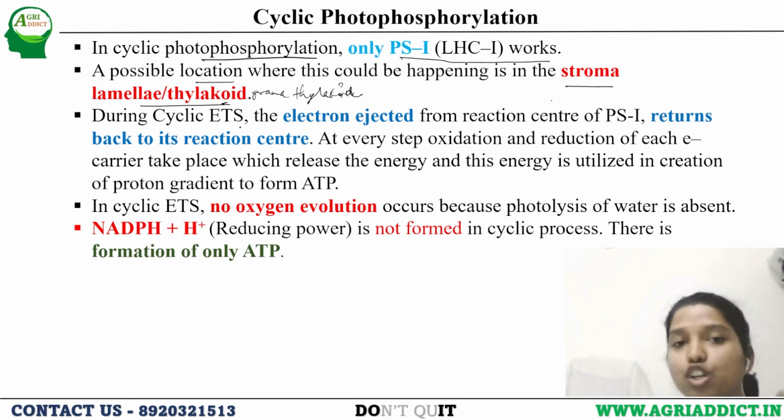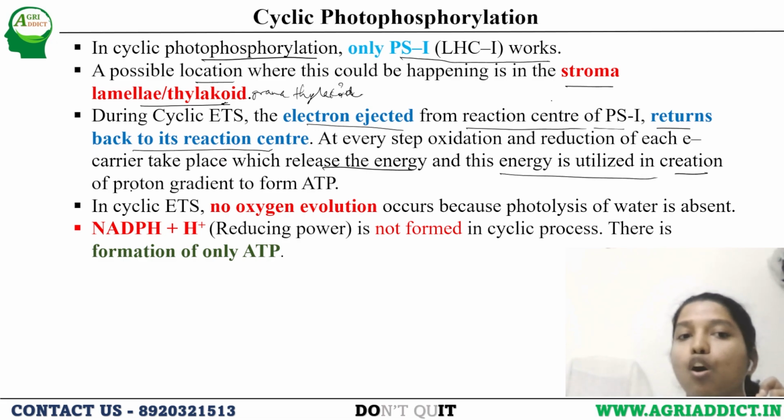During the cyclic electron transport system, the electron ejected from the reaction center of PS1 returns back to its reaction center. At every step, oxidation and reduction of each electron carrier takes place, which releases energy, and this energy is utilized in creation of the proton gradient, this H plus gradient which I talked about, to form ATP. The chemiosmosis will take place.